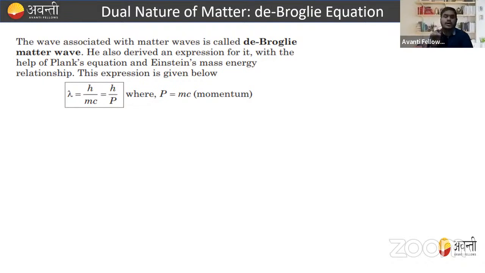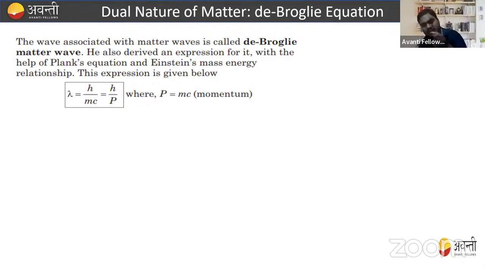It means particles also have wave-like nature. So de Broglie found a new type of wave that is called the matter wave, and he said that if a particle also has wave characters and behaves like a wave, it means every particle has some wave-like character which actually governs its motion.